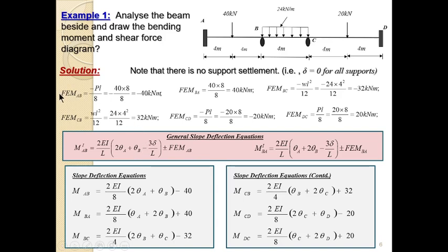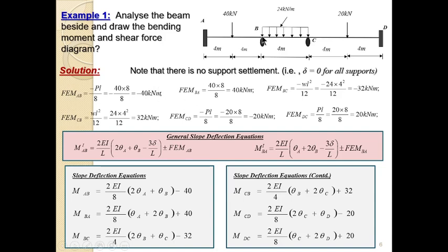The fixed end moment at A, in span AB, going from A to B, because this span is acted on by a point load at mid-span, at the left support is minus PL over 8. In this case, P is 40, L is 8, over 8. So it gives you minus 40 kilonewton meter.